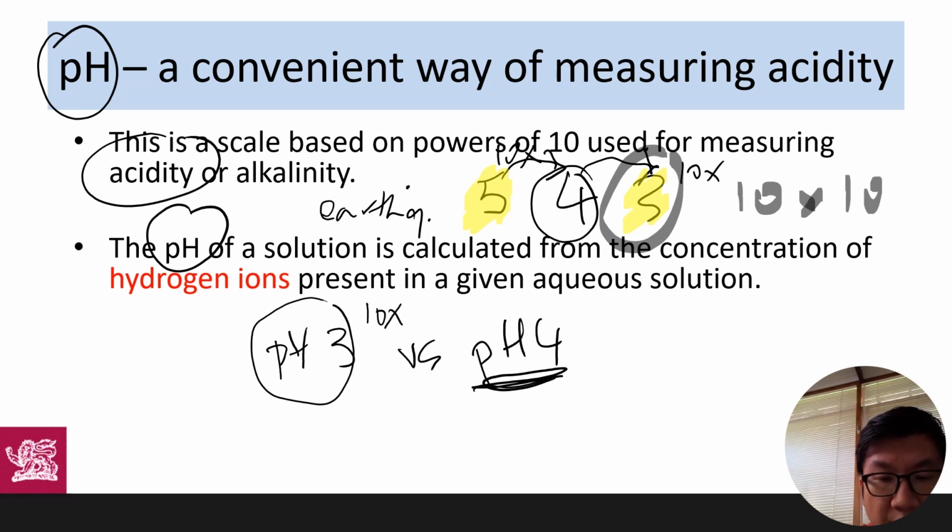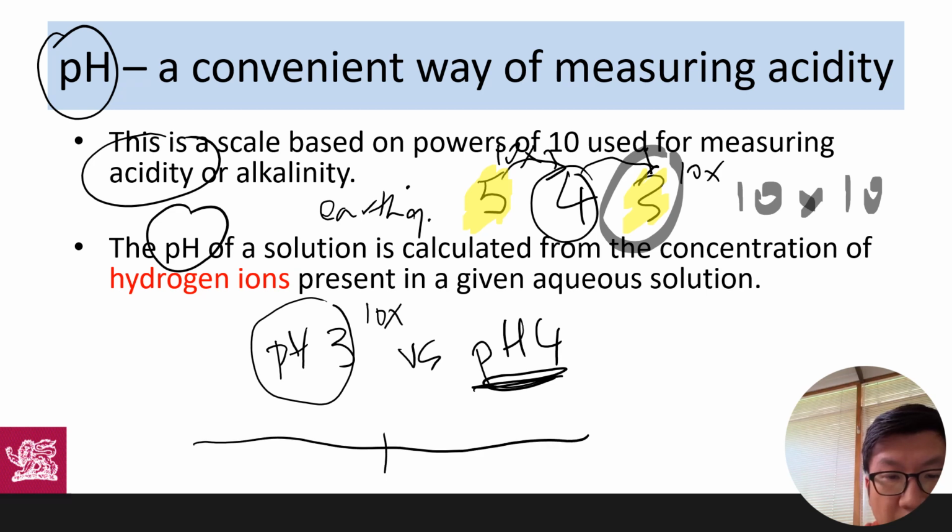And it's in the reverse order when looking at earthquakes because the way that we measure strength of acidity is going down in terms of numbers.